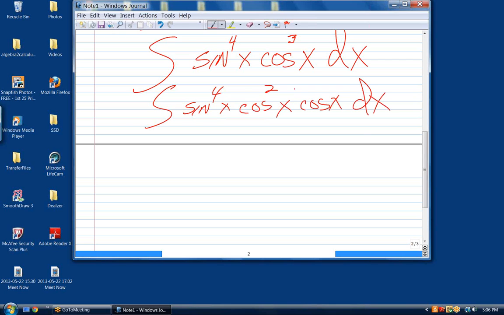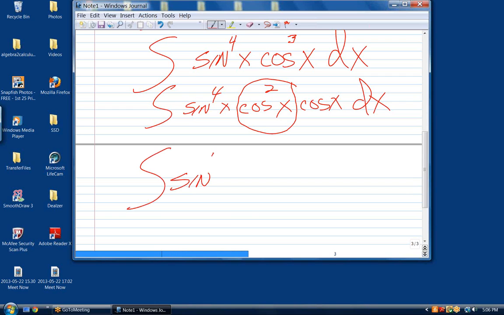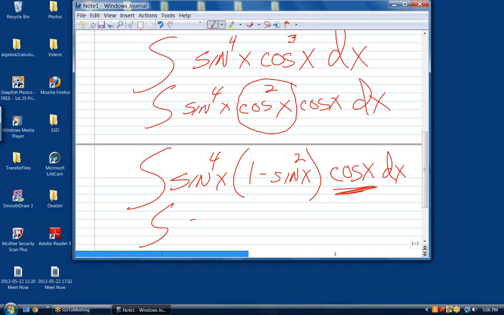And then I want to use the trig identity 1 minus sine squared x to rewrite it as sine fourth x times 1 minus sine squared x, and I still got that cosine x over there. Why do I have this cosine x lying around? Because that's the derivative of the inside, so that I can use the power rule. Well, now we fully distribute.